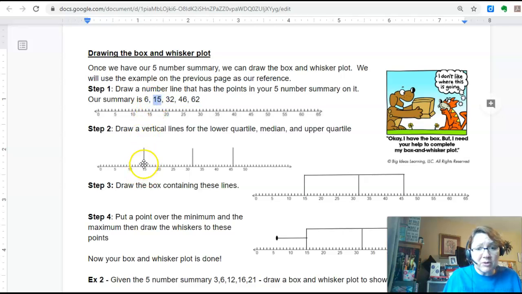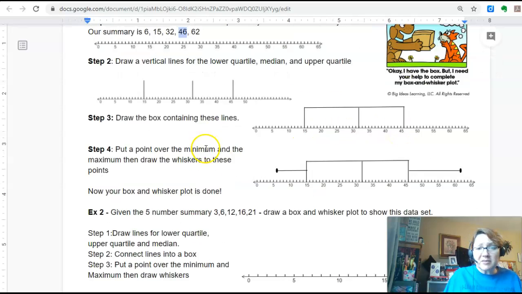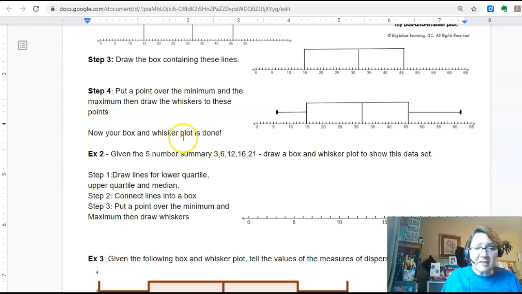Right, so 15, we want to draw a line. 32 is the median, so we draw a line there. 46 is my upper quartile. Once I draw those, then I want to connect them into a box like this. So now I have my box. The next thing I need is my whiskers. So I want to figure out what that lowest number is, and that's 6. So I want to put a dot above the 6 and draw a whisker to my box.